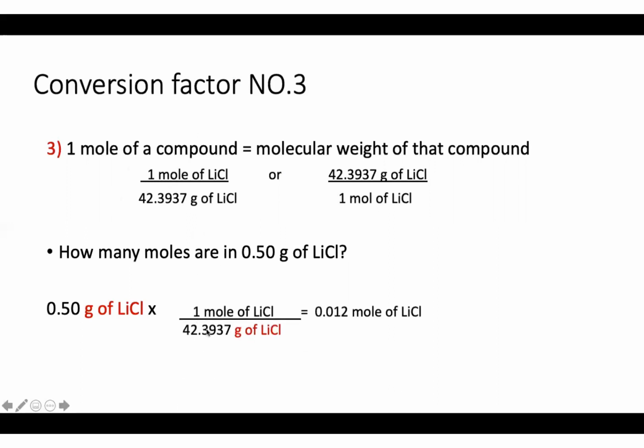My final unit on top is mole, which is what the question is asking for. So I'm good, I can do the calculations. The final answer has 2 sig figs, matching the 2 sig figs in the given number.